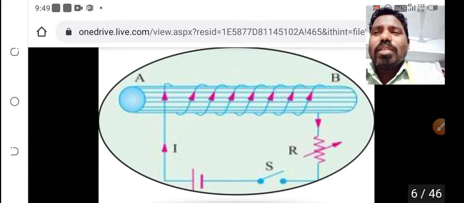When power is applied to this iron rod, what is happening? The iron rod changes into magnetized form. This is about the magnetization.